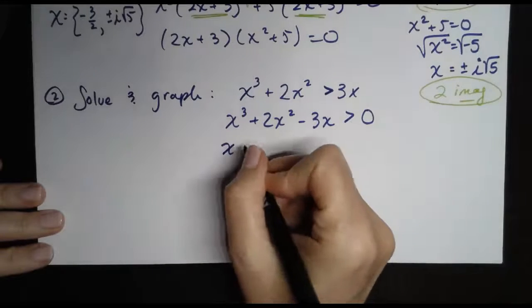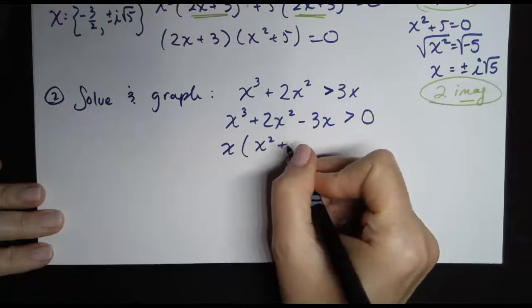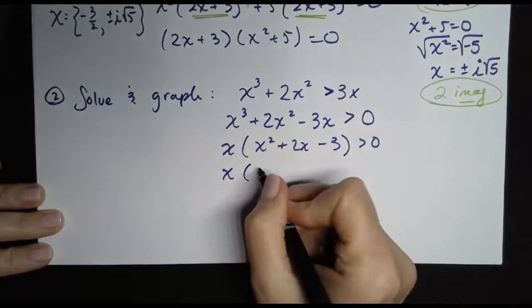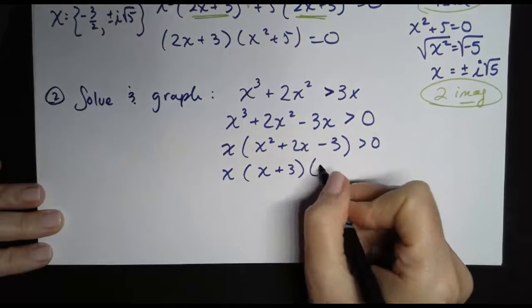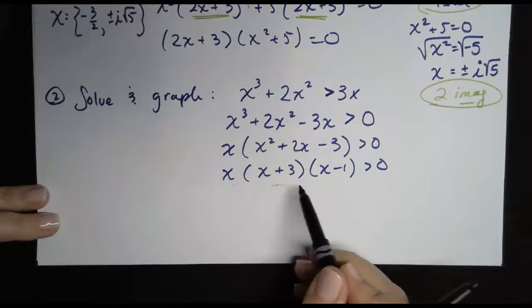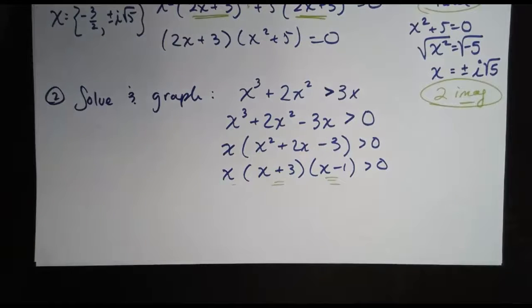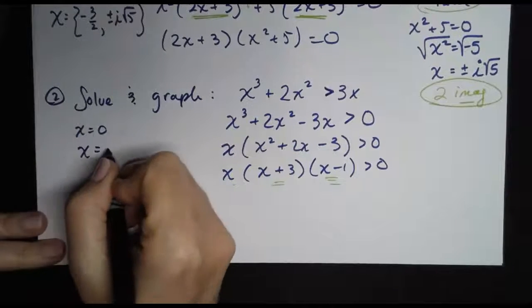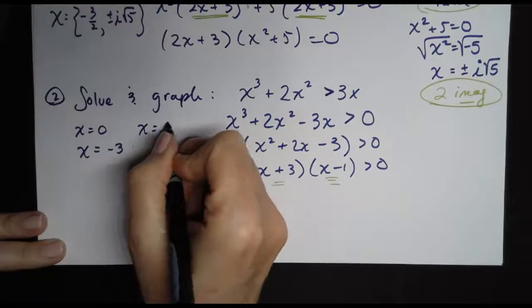So let's take out the x, and we get x squared plus 2x minus 3. Factor again, that's x plus 3 times x minus 1, giving us 1, 2, 3 critical values here. So x equals 0, x equals negative 3, and x equals positive 1.